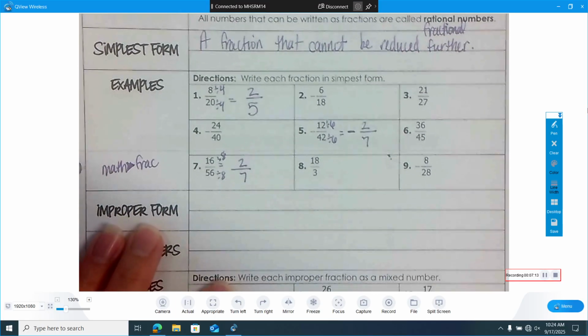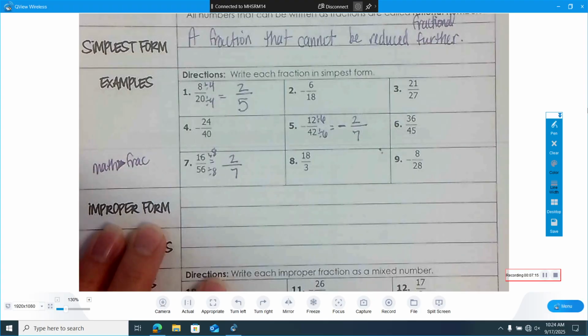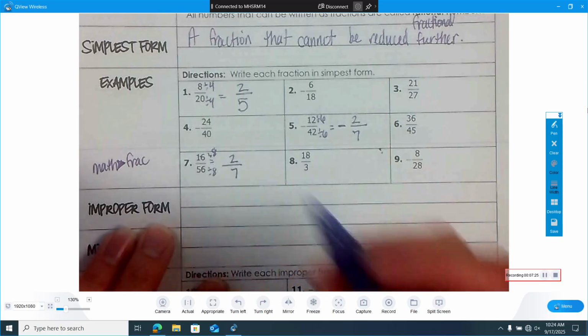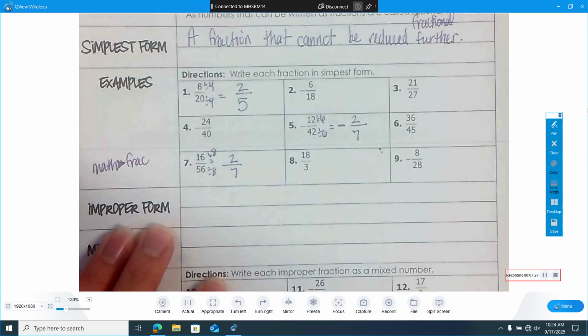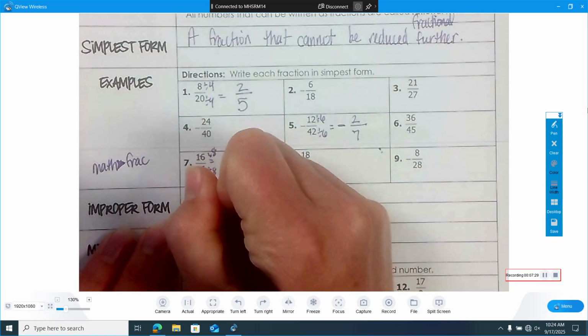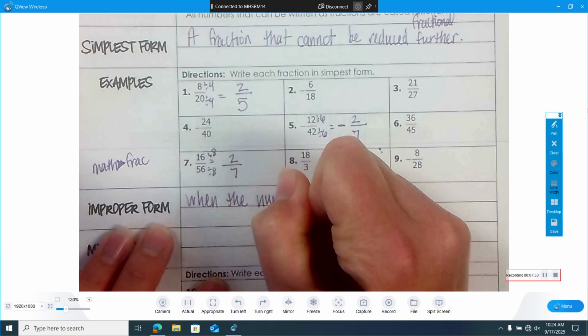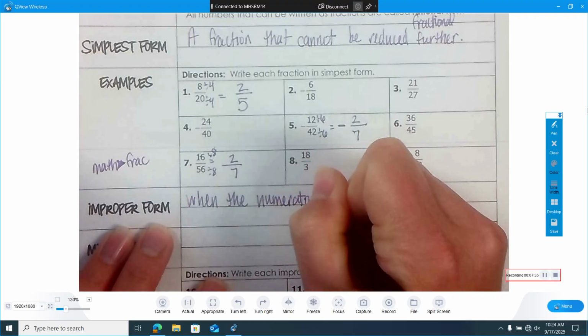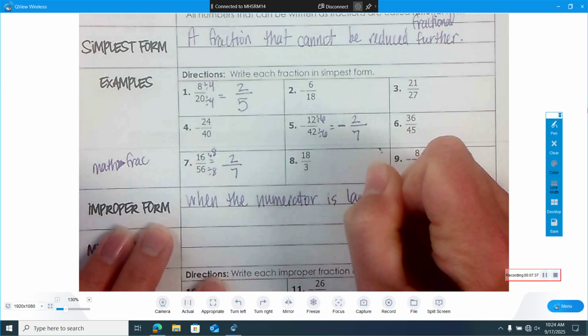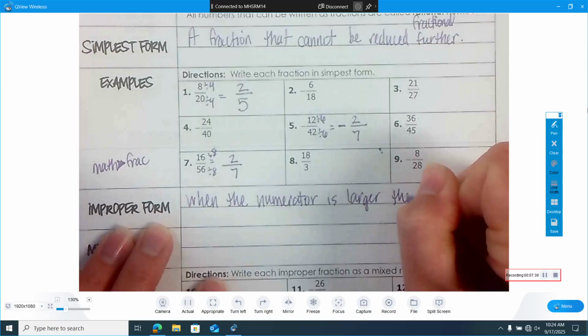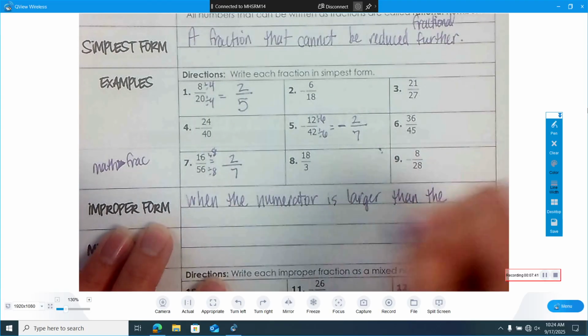Okay, improper form. What is improper form of a fraction? Finley, what do you got? That's exactly right. Improper form is when the numerator is larger than the denominator. I love how you use those words too.